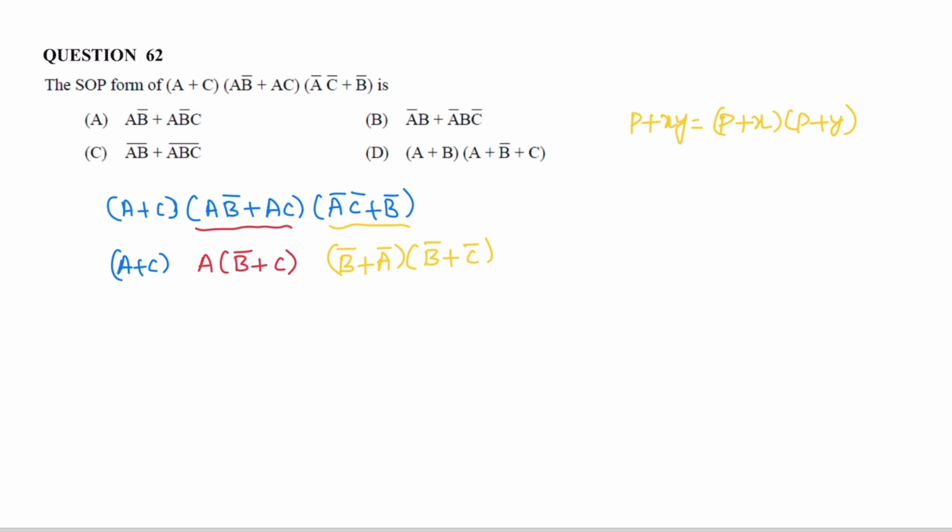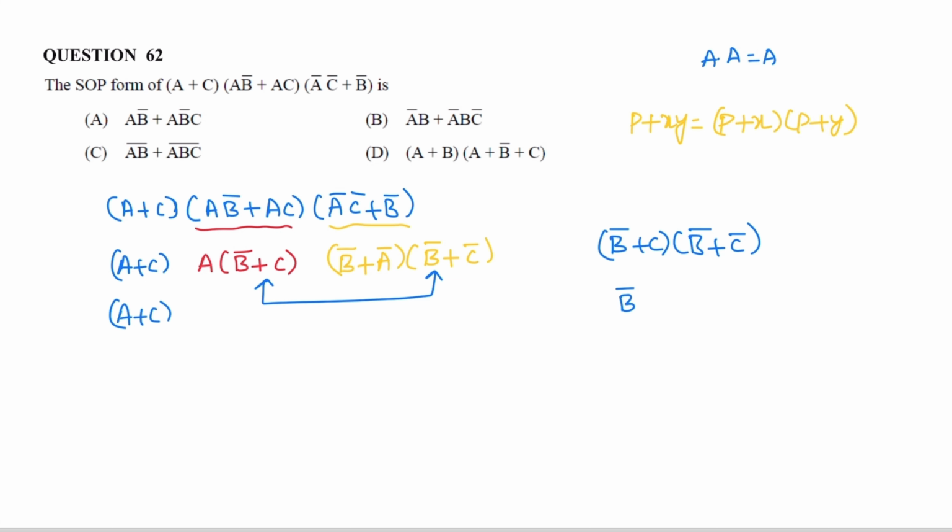Now next, a + c, multiply these two expressions (b' + c)(b' + c'). So b' into b' is b', plus b' c', again b' c, plus c c' where c c' is 0.